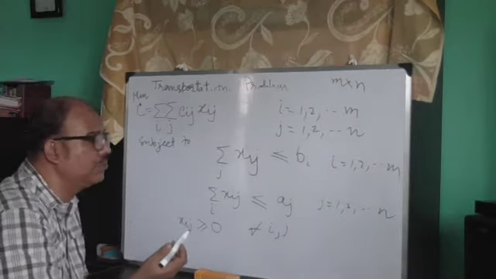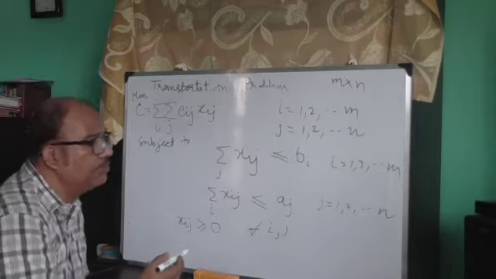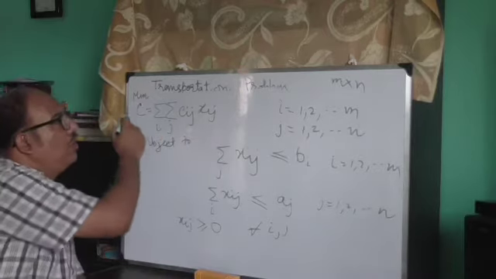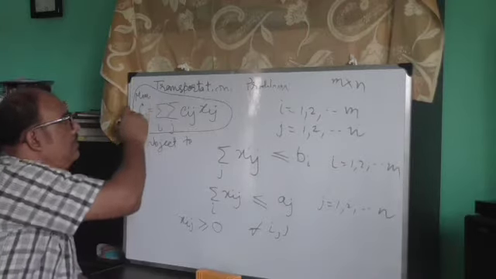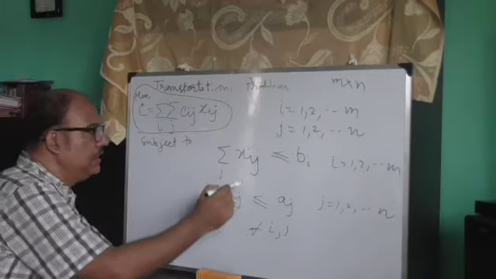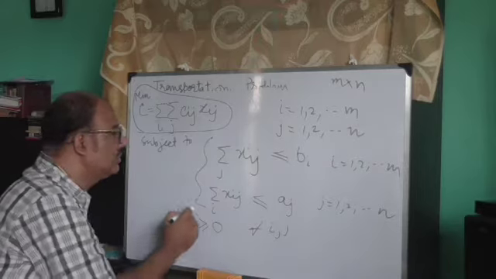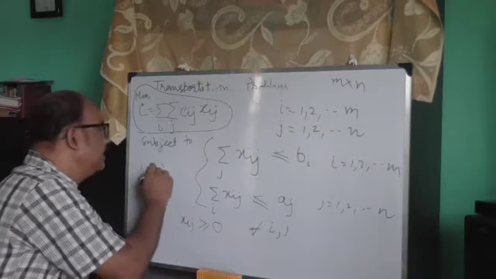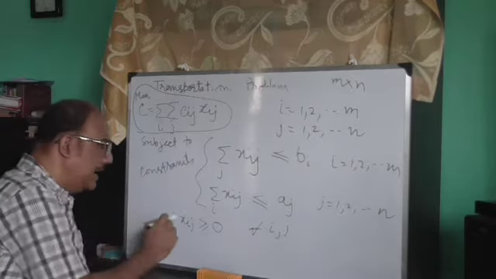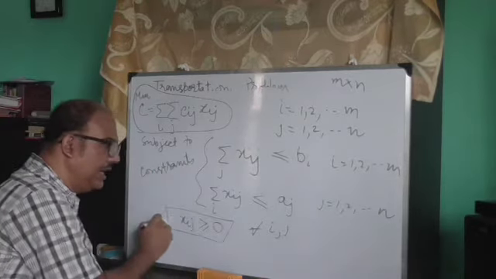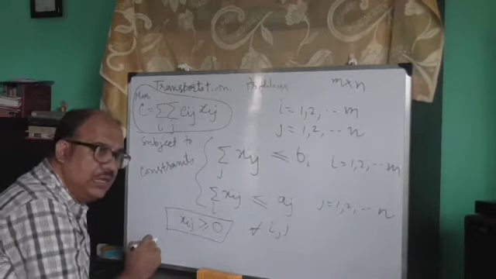As we have said, each linear programming problem has 3 parts. This is my objective function. Then these are the constraints. And this is the non-negativity restriction.